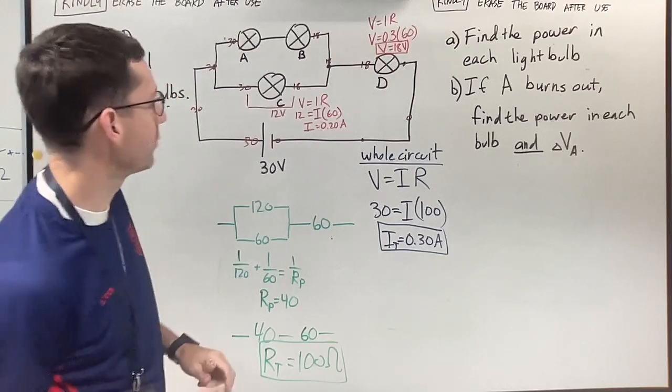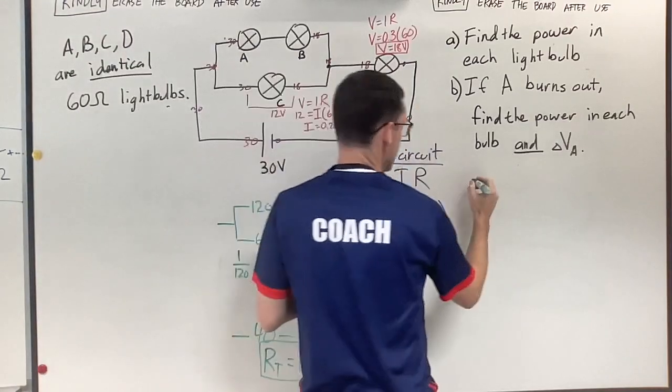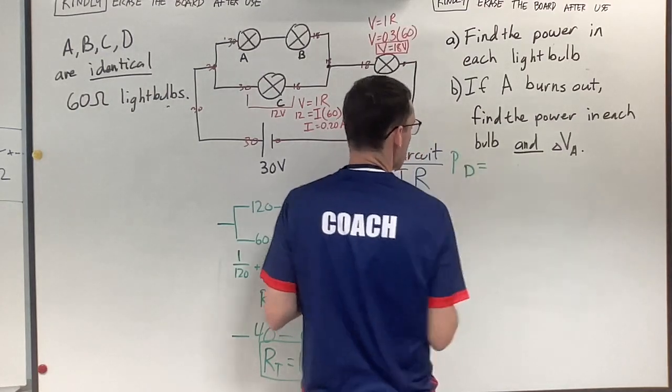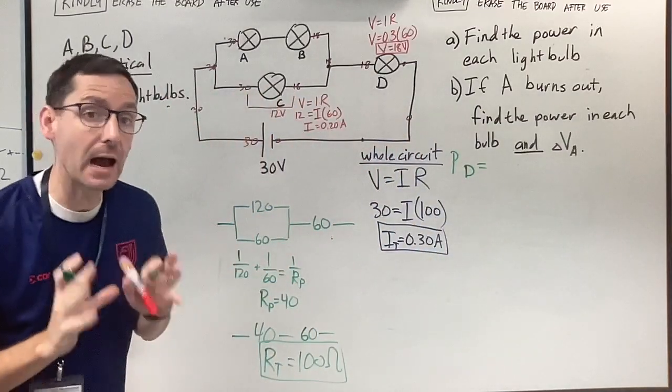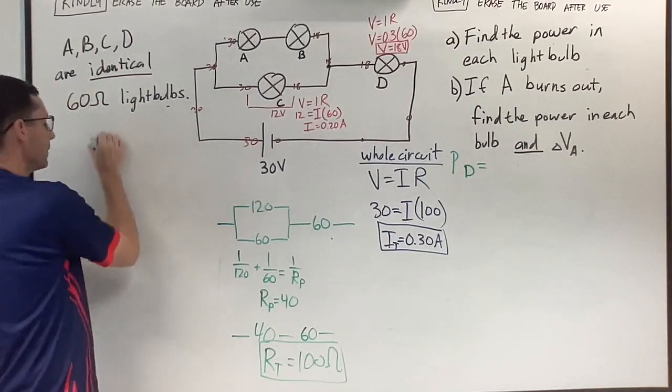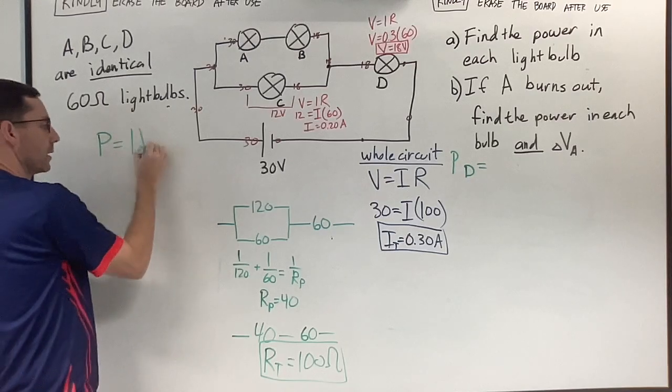Okay, so I'm going to do light bulb D. So power of D. Now remember, I have several different equations that I can use for power. I have power equals IV.